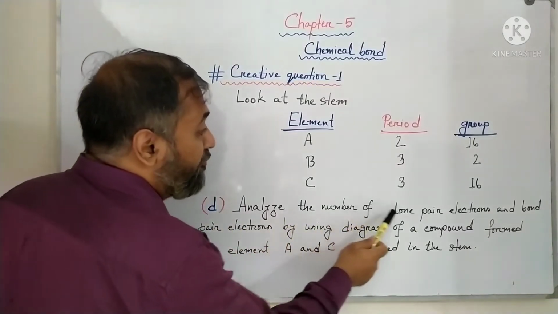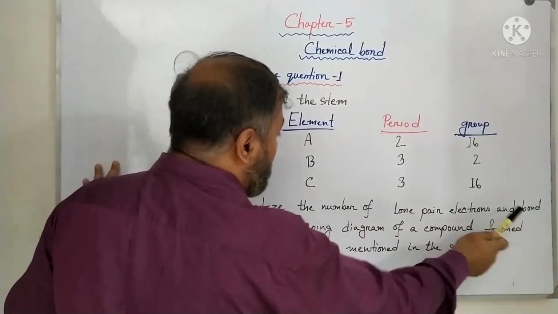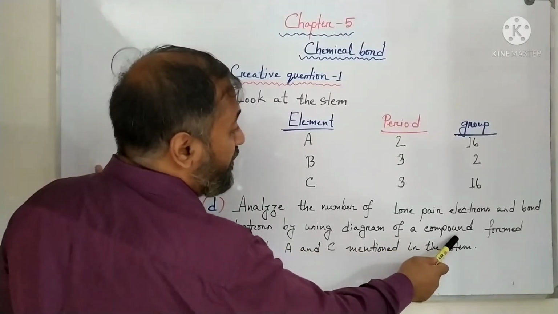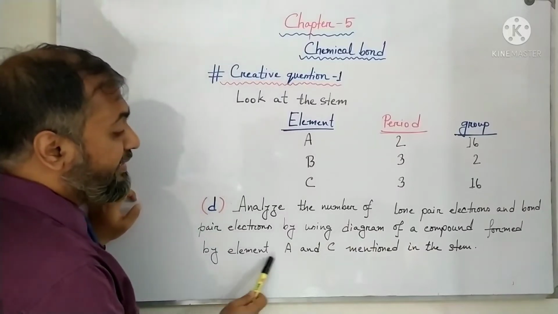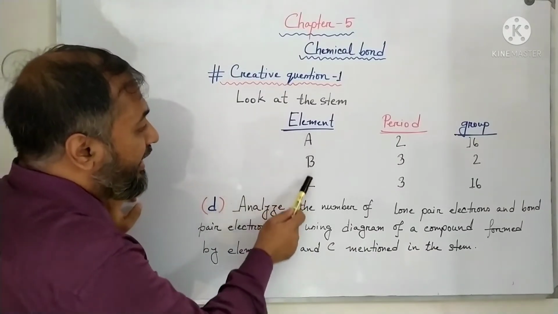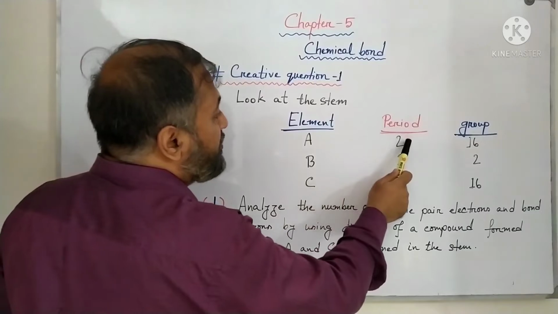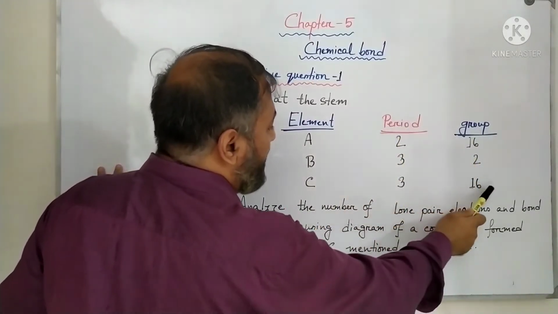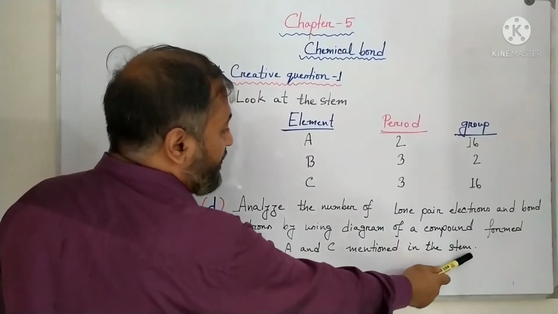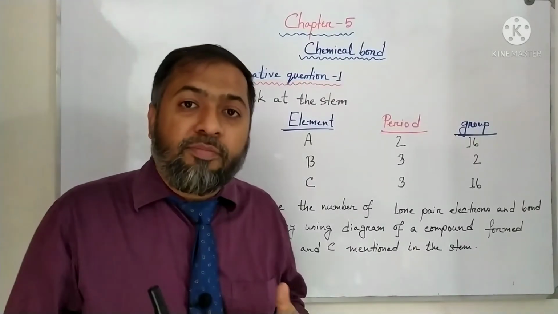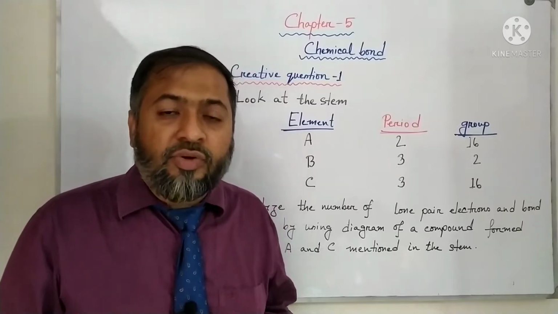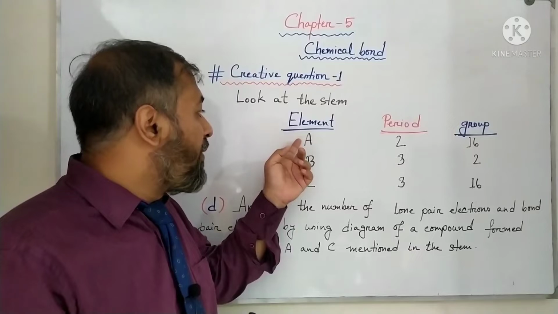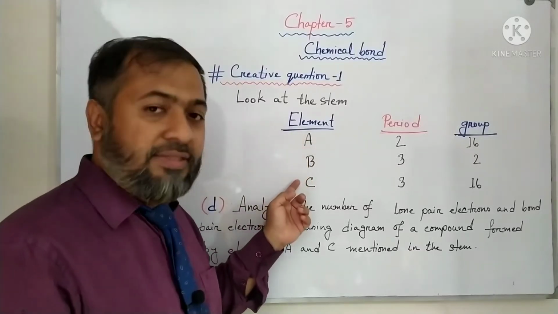Analyze the number of lone pair electrons and bond pair electrons by using a diagram of a compound formed by element A and C. For A, the period number is 2 and group number is 16, and for C, period number is 3 and group number 16, as mentioned in the stem. So here you need to mention how many lone pair electrons and bond pair electrons are present in the compound formed by elements A and C.